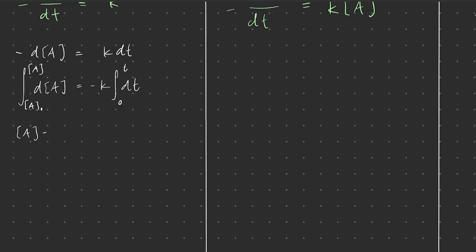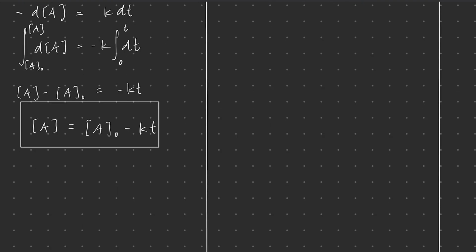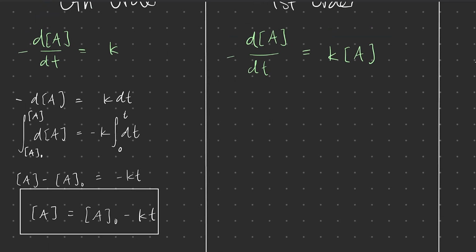The concentration minus the initial concentration is equal to negative kt. And now, for all these expressions, we want to rearrange to have the concentration on one side, separate from the initial concentration. And this gives us that the concentration is equal to the initial concentration minus kt. And that is the integrated rate law for a zeroth order reaction.